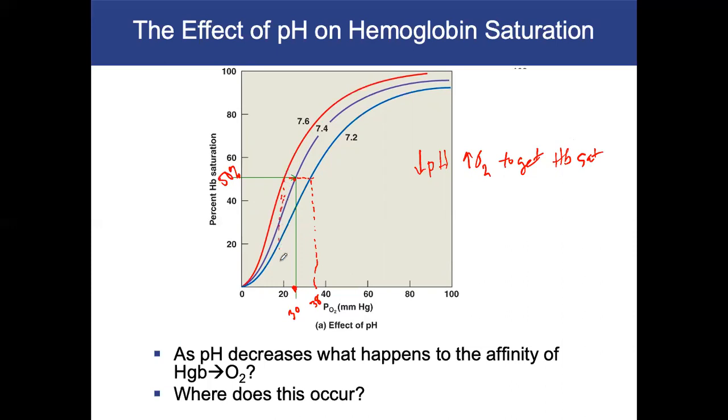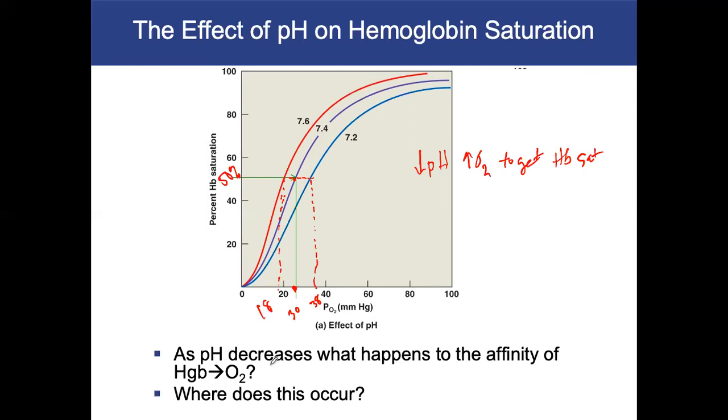What happens when you increase the pH to 7.6? Oops, sorry. You need less oxygen, right? So about 18. So normal pH, you need about 30 units of oxygen. When the pH is acidic, you need more oxygen to get the same level of saturation. When the pH is more basic or less acidic, you need less oxygen.